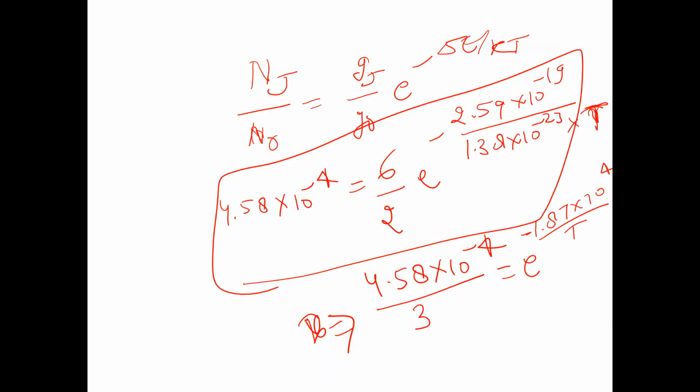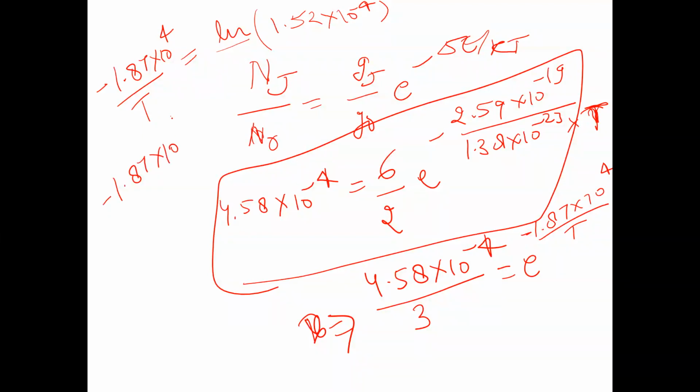So 1.87 into 10 raised to power 4 divided by T is equal to ln of 1.52 into 10 raised to minus 4, and you can convert: minus 1.87 into 10 raised to power 4 by T equals 2.303 times log of 1.52 into 10 raised to minus 4, right?